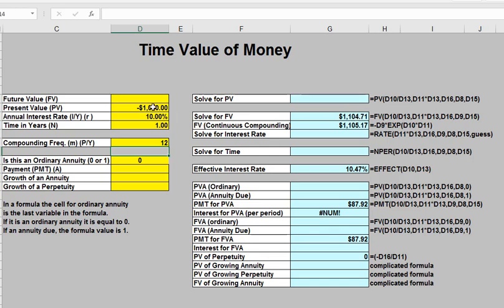So I invested the same amount of money, same rate of return, same time frame, but now I have more money. Since I have more money, that must mean the interest rate changed. So in this case, the effective interest rate was 10.47%. I actually earned more than the annual rate of 10%.